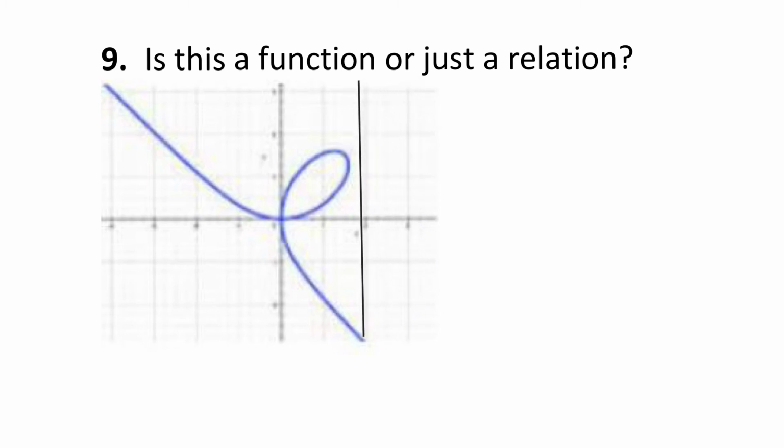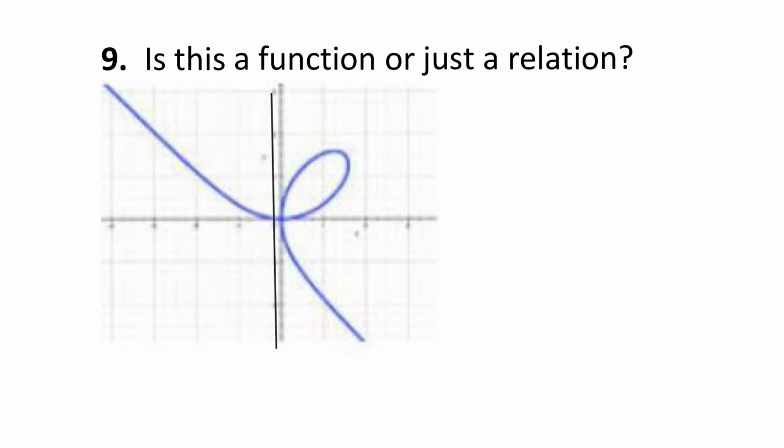So notice that I'm going to take the vertical line and put it on top of the graph. The key is, in order to be a function, this vertical line can touch the graph only once. Notice that it is touching once right there, only one time. But when you move the line, it has to touch only once.